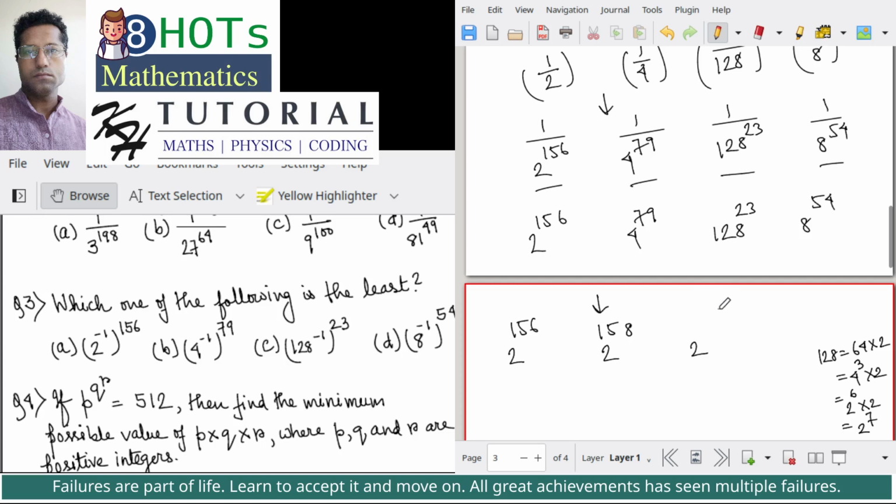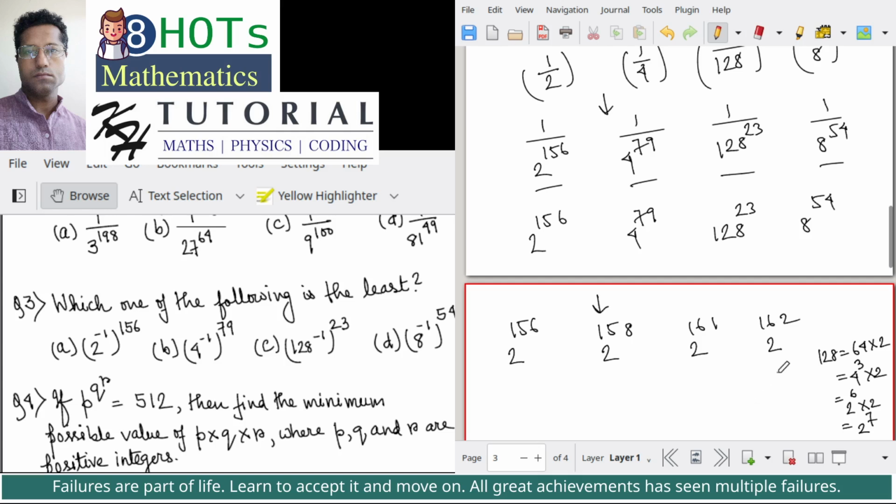So 128 to the power 23 will be 2 to the power 23 multiplied by 7, that is 161. And 8 to the power 54, 8 is 2 to the power 3, so it will be 2 to the power 54 into 3, that is 162.